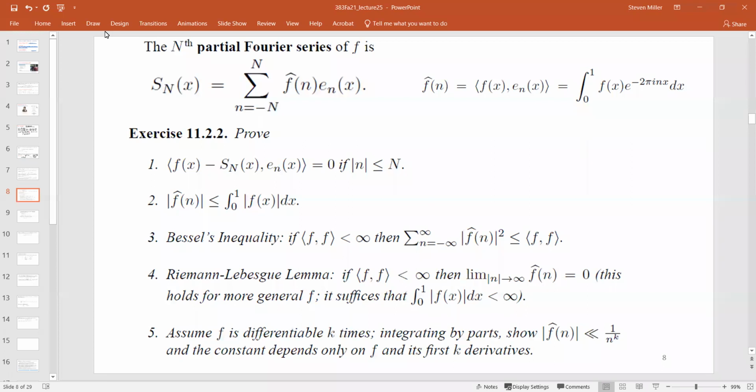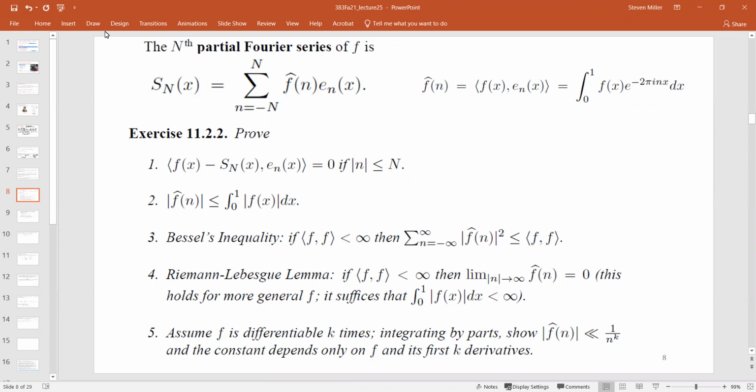You could say that if you look at the L1 norm of your function and S_n of x, that should go to 0. Or the L2 norm should go to 0. So it doesn't have to converge pointwise, it just has to converge up to some small set. So there's a lot of different types of convergence you can do. It's the same if you've taken a probability class, there are lots of different types of convergence in probability. The nicest convergence is pointwise convergence.